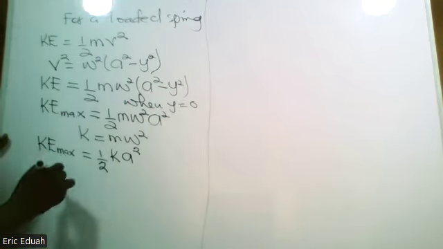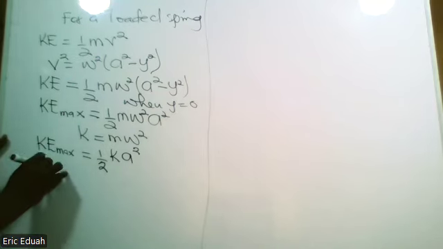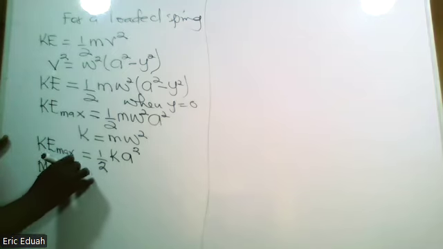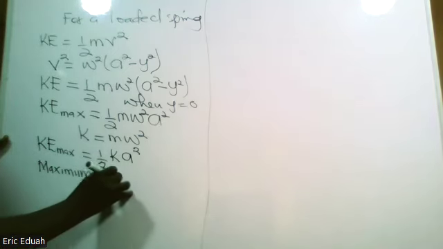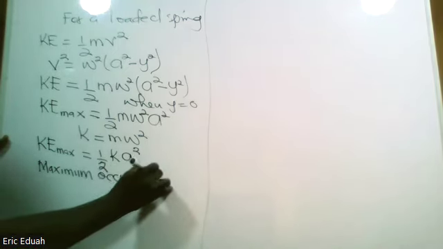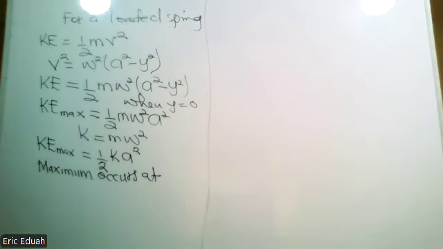This we saw that maximum kinetic energy occurs at the what? Where does the maximum KE occur, class?